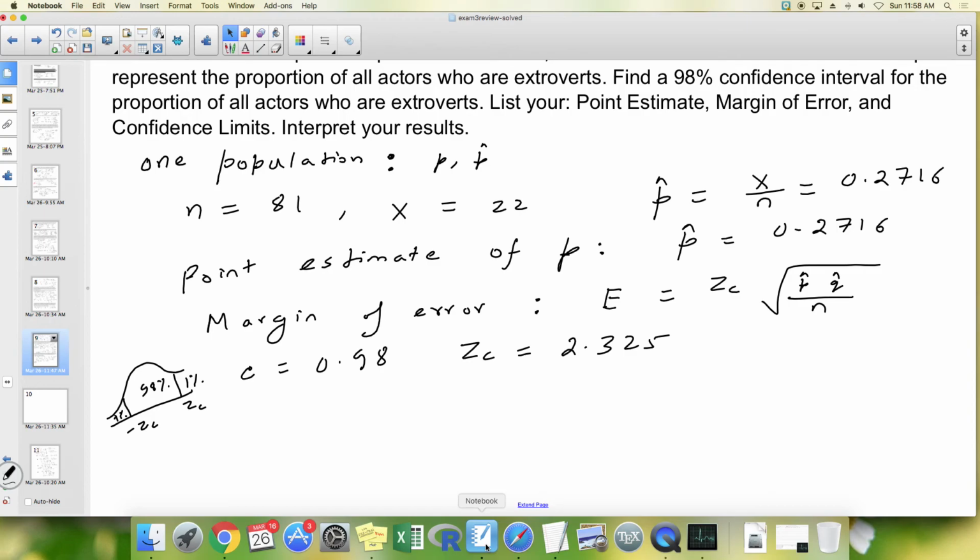And with that, E equals, oh, by the way, I hope you have no confusion about q hat. q hat is simply 1 minus p hat. And we know the value of n. We just calculated ZC. With all those things, if you put in the formula, E shall be 0.1149.